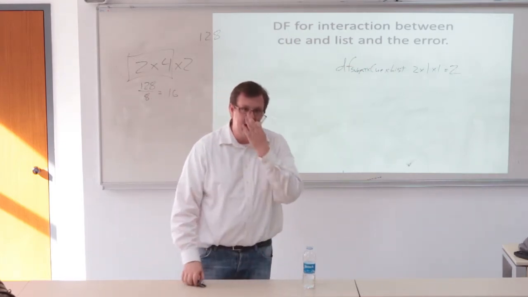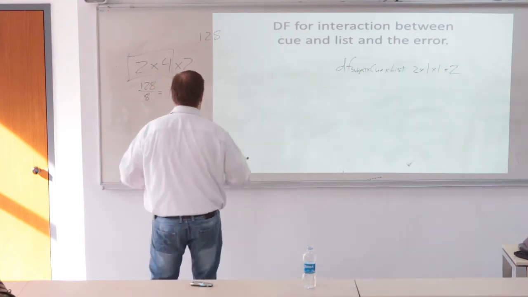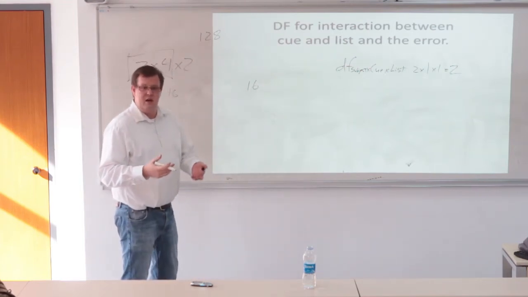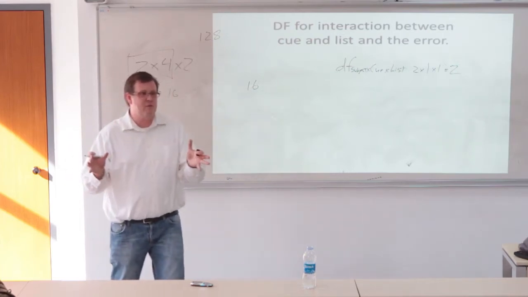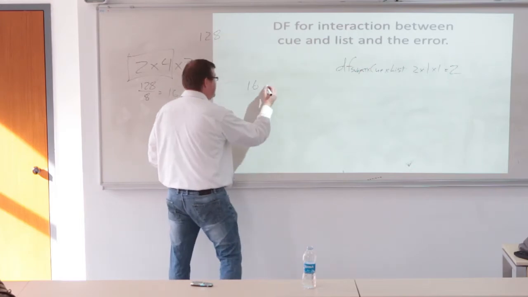Because just like in our one-way ANOVA, right? If we had a one-way ANOVA with 16 subjects and 1 factor of sex, so we were just doing memory scores for males and females only, right? So we have 16 subjects.